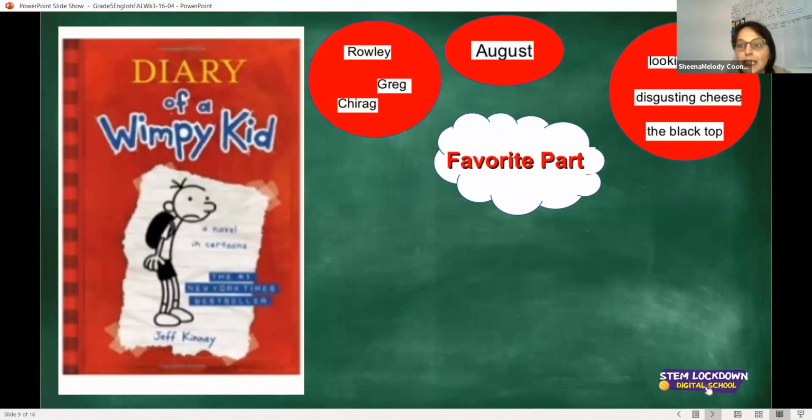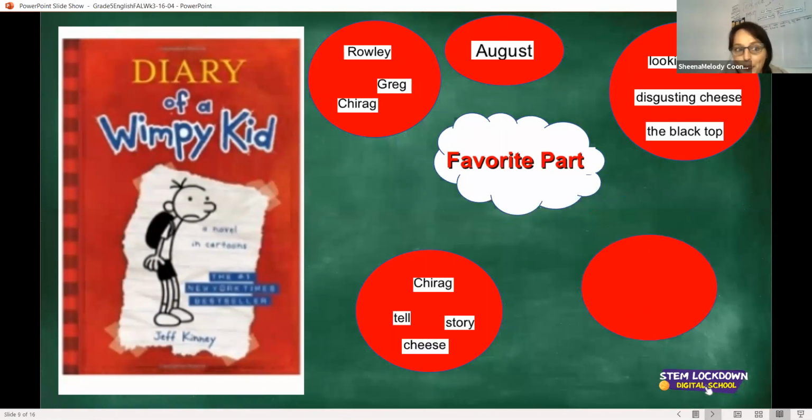They were looking down at the blacktop and there was something disgusting on it. It was a piece of cheese, like moldy cheese and bread, ugh. Chirag was looking at this as well and he decided to tell a story about the cheese and how it got there. I thought this was a very, very funny part.